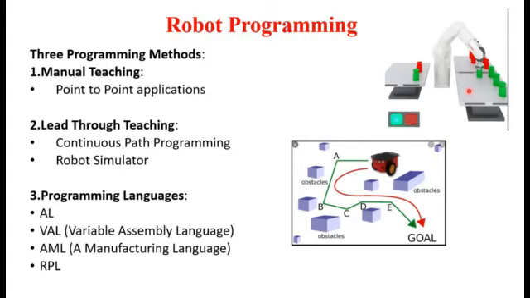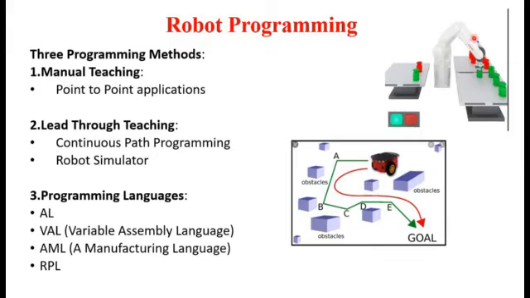Next is robotic programming. There are three methods of programming: manual teaching, lead through teaching, and programming languages. In manual teaching, we have to define point to point locations or instructions.